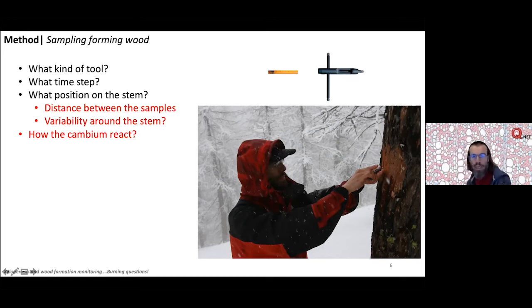And then another problem which annoys us and which is new compared to quantitative wood anatomy or dendroecology is the reaction of the cambium. Because we are punching quite regularly, if the cambium is reacting quite strongly, in fact, we will start to measure the reaction we are creating.